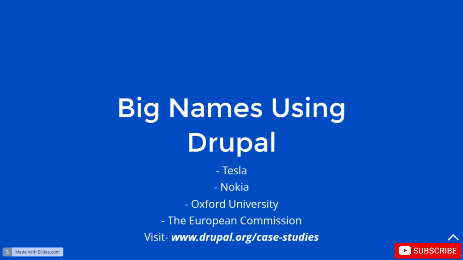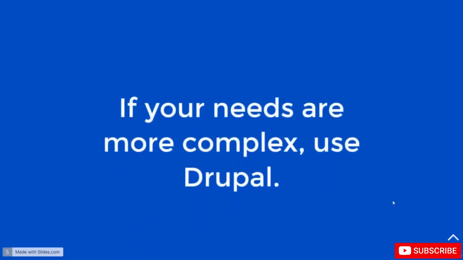So if these big names can trust Drupal to power their website, then you can trust Drupal too. And if you want to see the list of all the big names that are using Drupal, you can go to www.drupal.org/case-studies. So in short, if your needs are more complex, if you want to build a complex website, then don't shoot yourself in the foot by using some other content management system. Use Drupal.